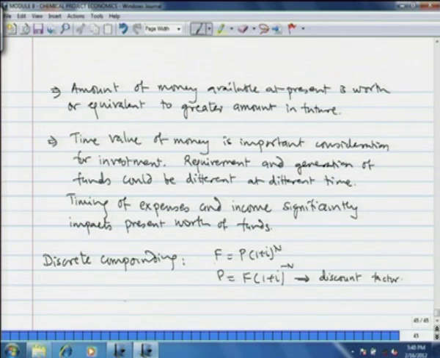Similarly, for continuous compounding, we have derived the formula F is equal to P e^(In).